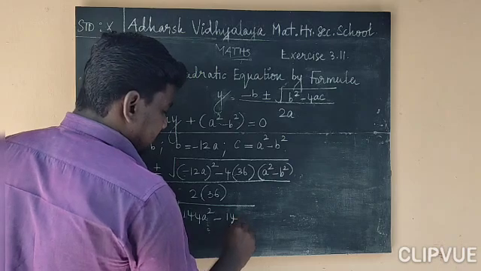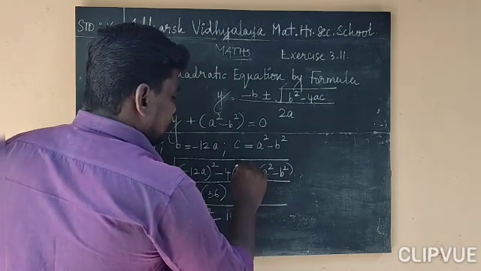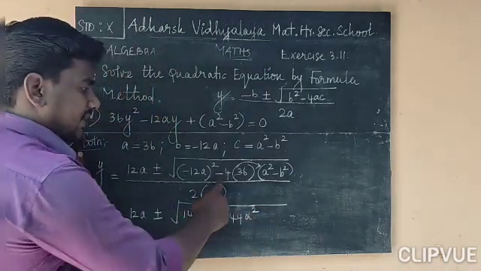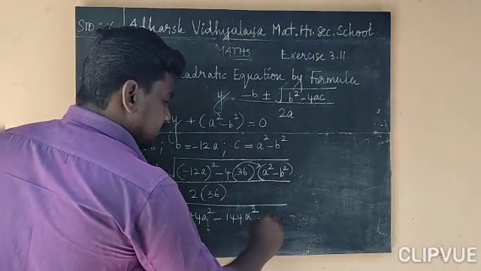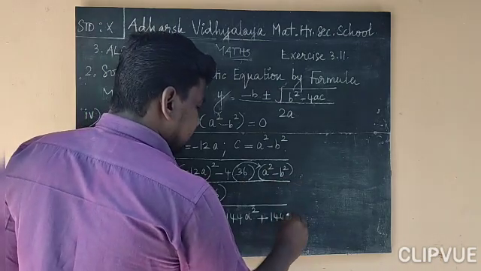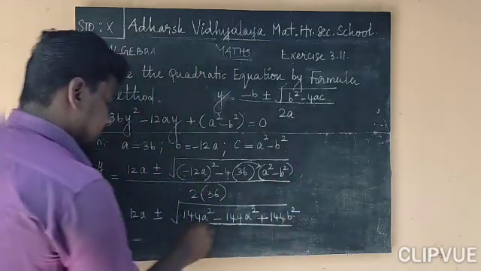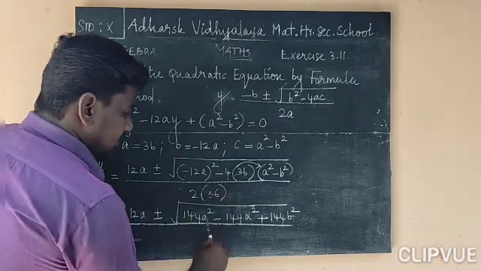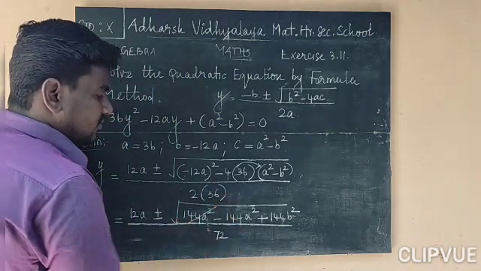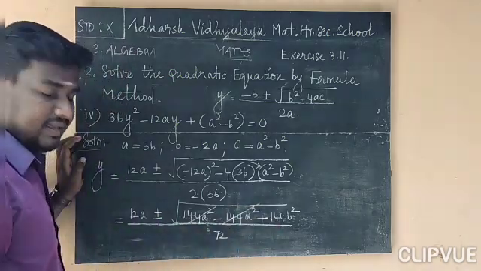Minus 144, when you multiply with a square, will give 144 a square minus, and minus into minus is plus 144 b square, divided by 2 into 36, that is 72. The plus 144 a square minus 144 a square will be cancelled.